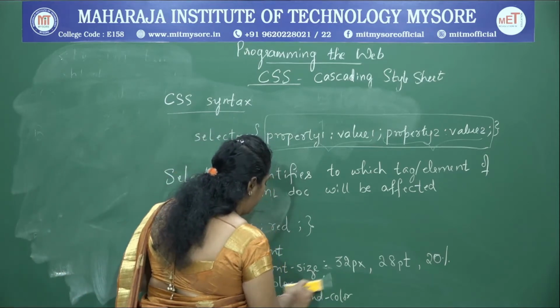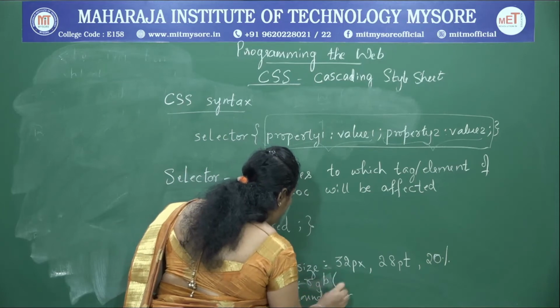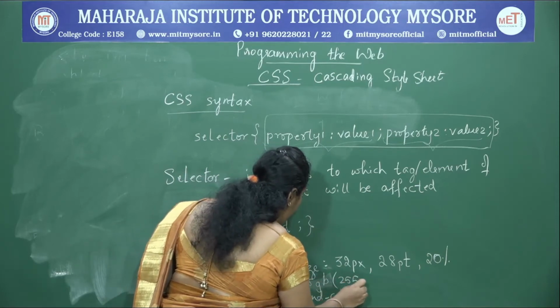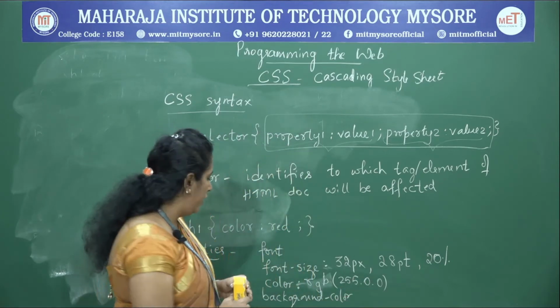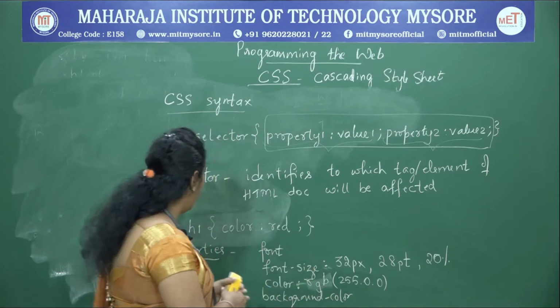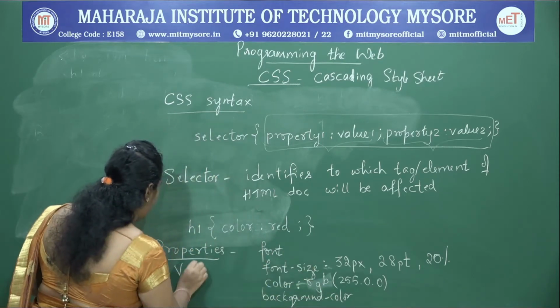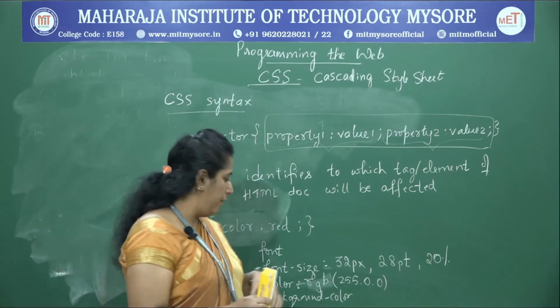Instead of giving in terms of words, you can also pass it in this way, RGB 255, 0, 0. Like this also it can work. So it means that we have now discussed both properties and values at the same time.